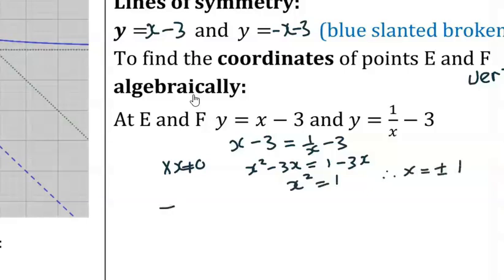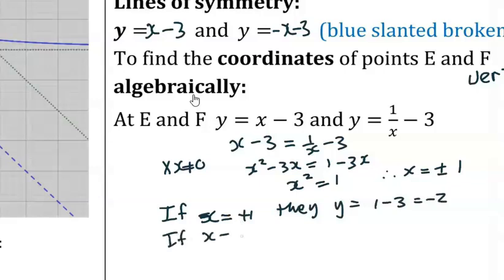So if x is equal to plus 1, then y is equal to 1 minus 3, which is negative 2, and if x is equal to minus 1, then y is equal to minus 1 minus 3, that gives me negative 4.